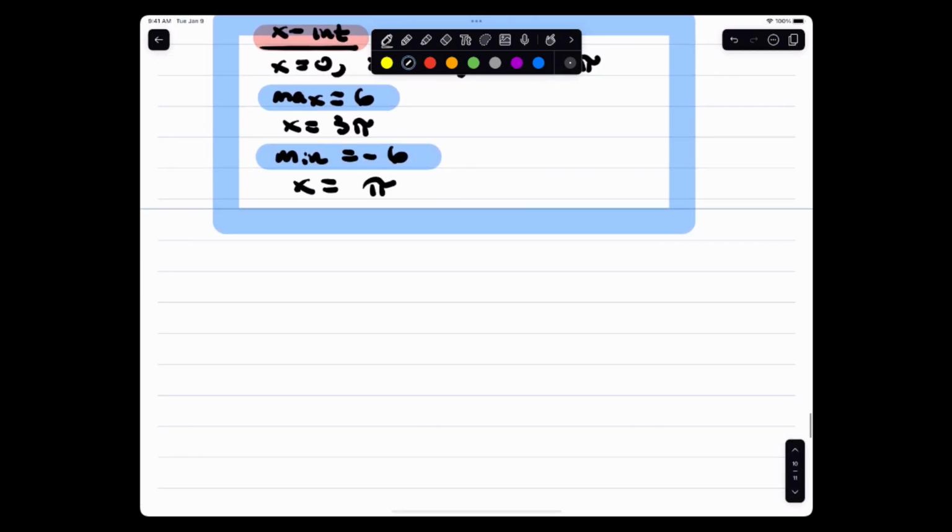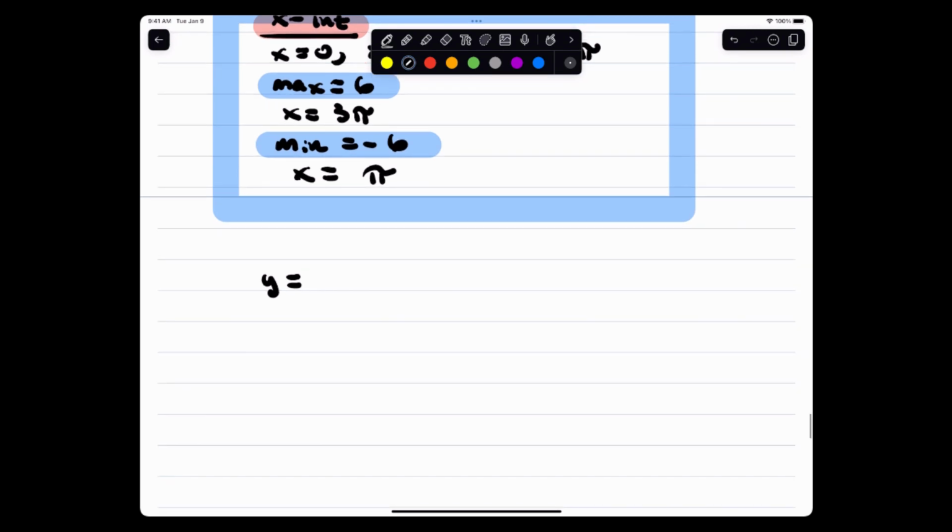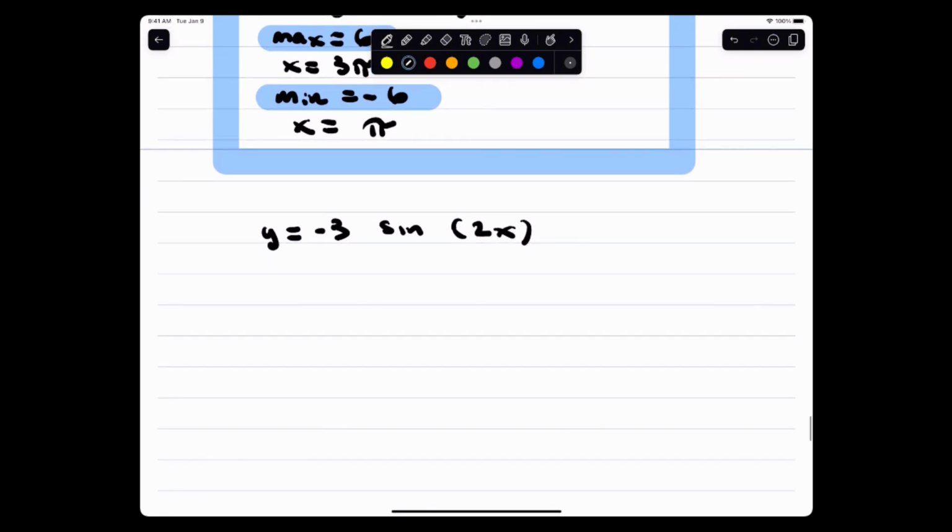All right, good. Let's have you guys try one. You guys ready? I want you to find all those things here. I'm going to look at what we see here. I'm going to put this as a negative. You're going to find all those things we talked about, and you're going to sketch that curve. Okay, you're going to try that out. Let's get the clock out, and we'll see how this goes.